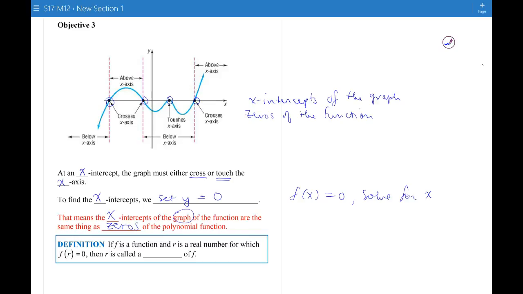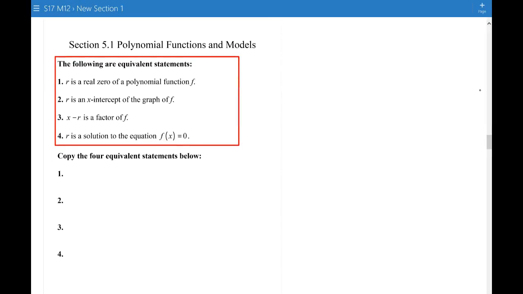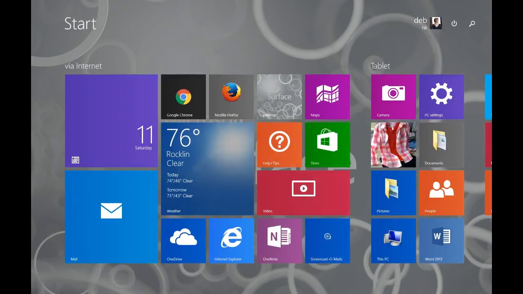So if f is a function and r is a real number that, when I put r into the function, I get 0, then r is called a real zero of f, and we can also see that it's an x-intercept of the graph. So these are equivalent statements, and what I want you to do next is copy these 4 equivalent statements. Studies have shown that writing in your own handwriting, and especially if you're also saying it aloud at the same time, is a really great way to remember important things. And this is super important.